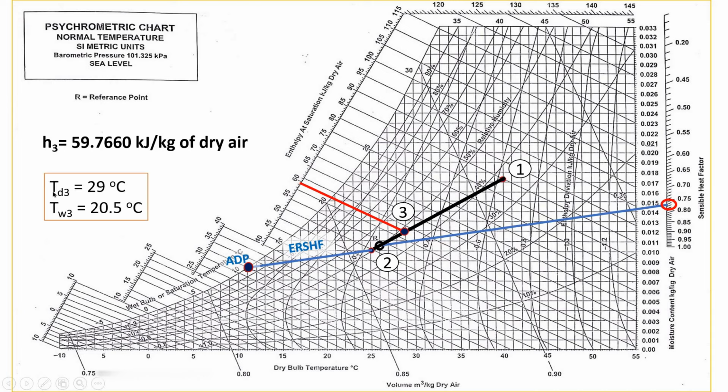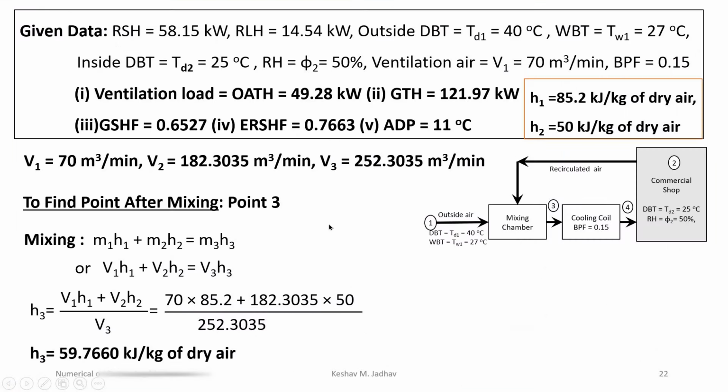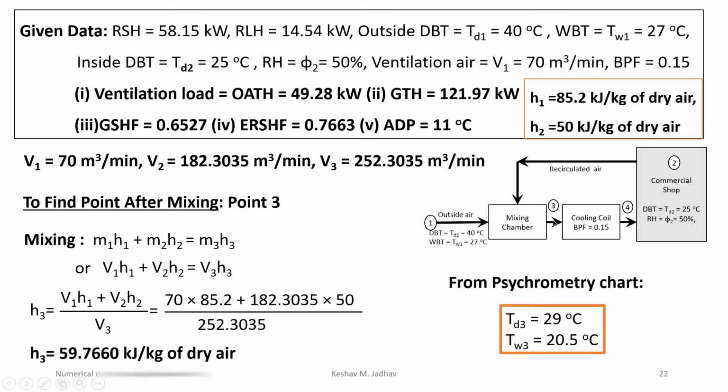So from the psychrometric chart, after mixing, the dry bulb temperature is 29 degrees Celsius and the wet bulb temperature is 20.5 degrees Celsius.